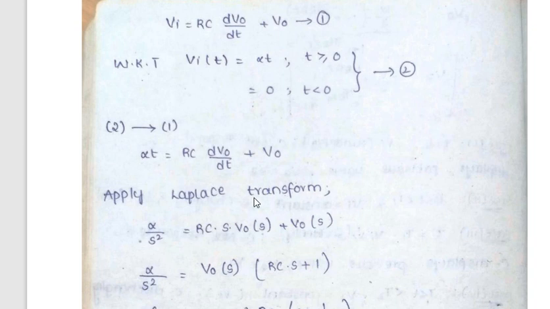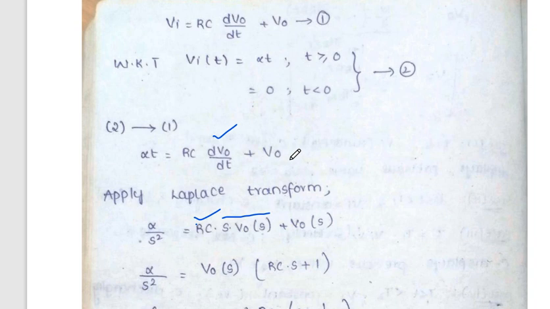The Laplace transform of t is nothing but 1 by s squared. Therefore, alpha by s squared is equal to, here RC is a constant value, so RC times the Laplace transform of dV0 by dt, which is s times V0 of s.